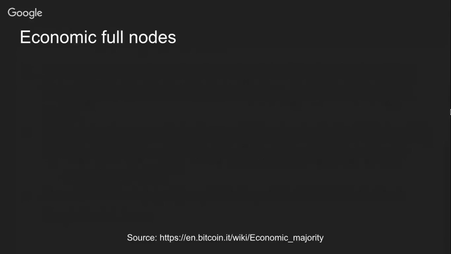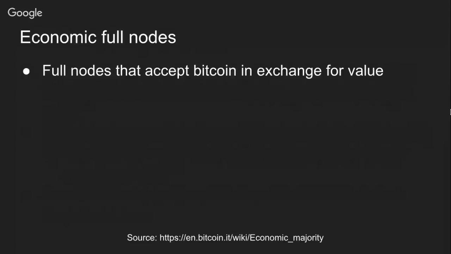And finally, as I mentioned, perhaps the most important type of full node is the economic full node. Economic full nodes are full nodes that accept Bitcoin in exchange for value.